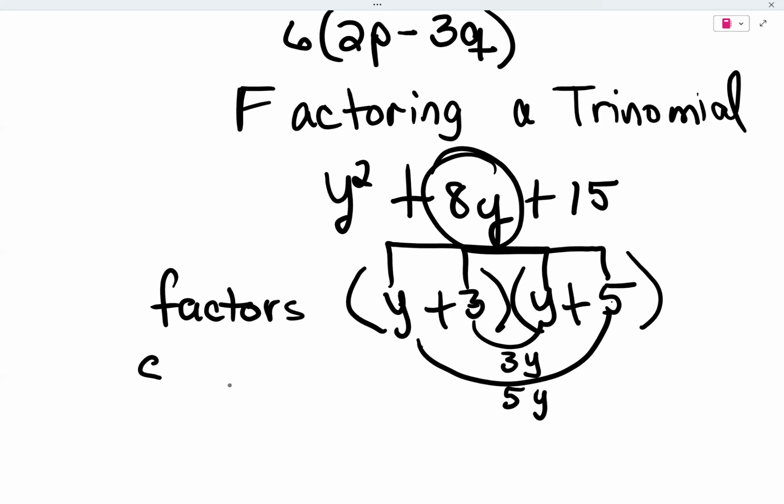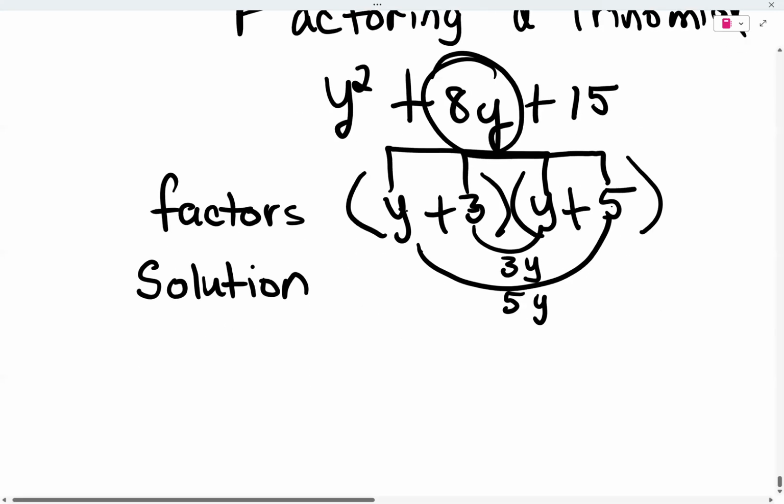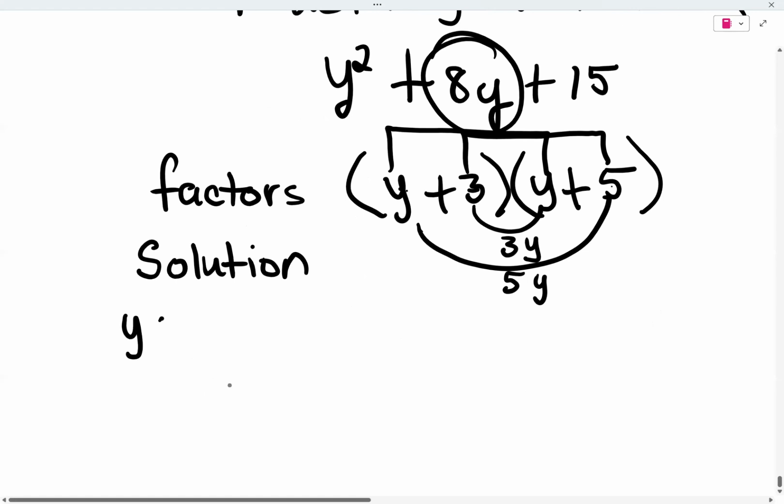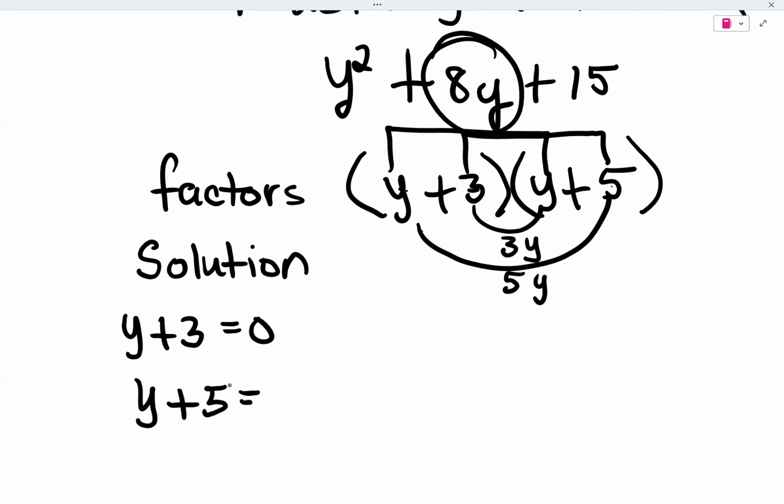If we want the solution itself, we have to solve for this in terms of 0. So we would take y plus 3 and set it to 0, and y plus 5 and set that to 0. So we get a solution where y equals -3, and another solution where y is -5.